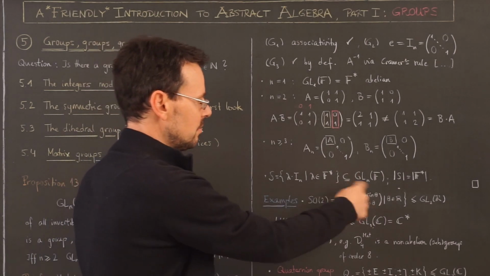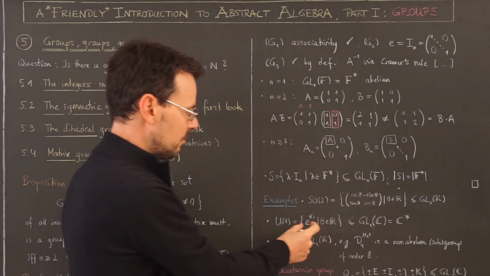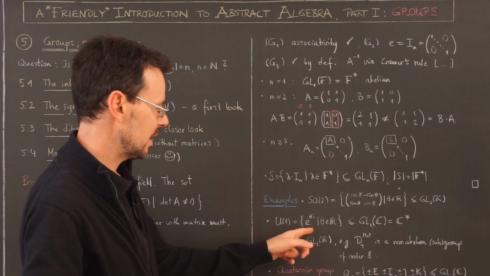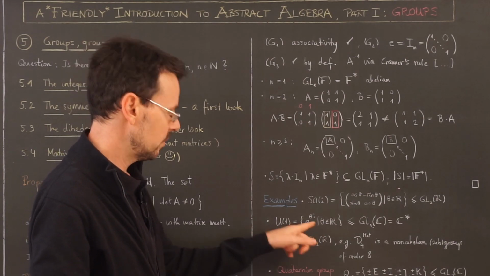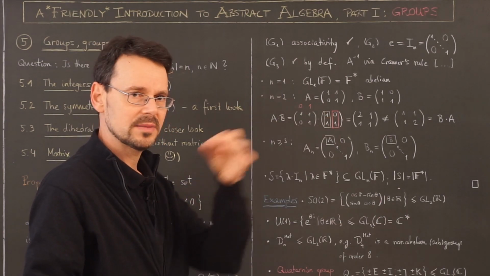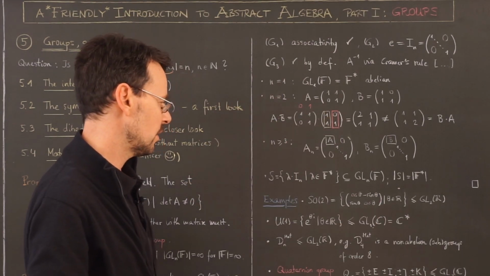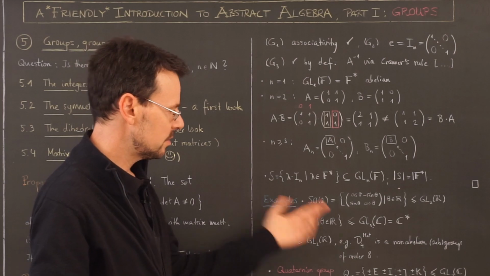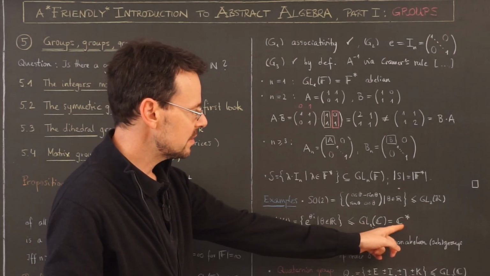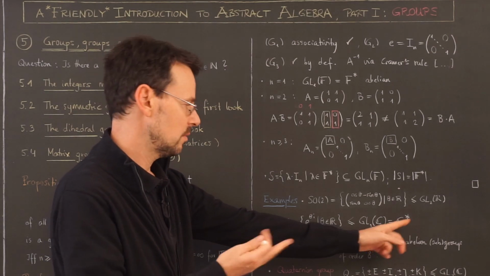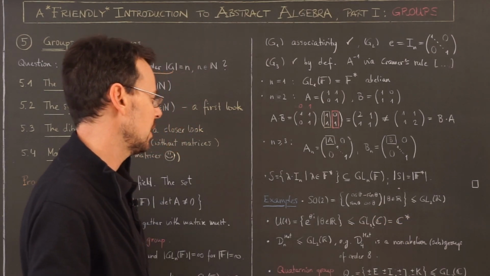So we can write these matrices here in a compact form if you want to use complex numbers like that. And this is called U1, the unitary group. Those are all the points in the complex plane that lie on the unit circle. And this here is clearly a subgroup of GL1C, which is nothing but C star. So the complex numbers without 0.